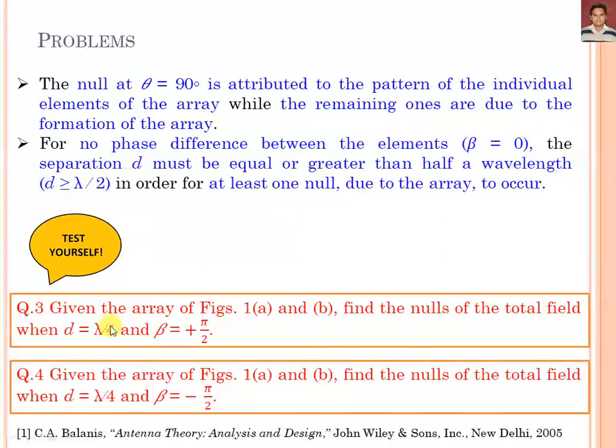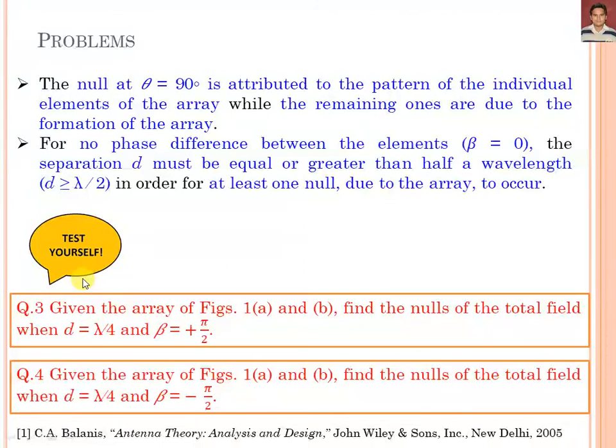Then another problem has d equal to lambda by 4 and beta equal to plus pi by 2, and d equal to lambda by 4 and beta equal to minus pi by 2, based on infinitesimal dipoles located along the z axis, as you can see in figure 1. This problem is for you to test yourself on how we can understand the pattern multiplication properties of the antenna.